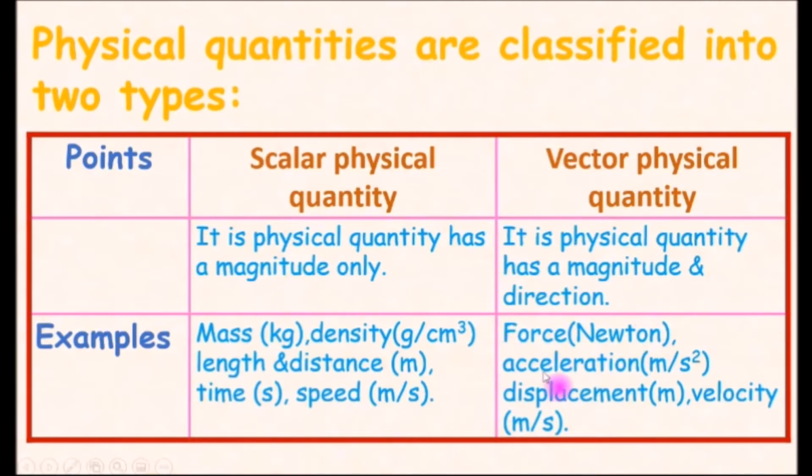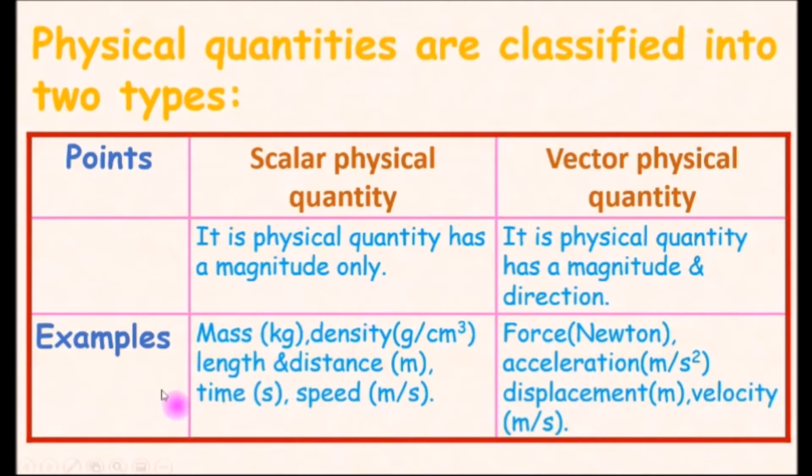When we talk about vector physical quantities, examples are force with Newton, force or weight, both are Newton; acceleration, meter per second square or kilometer per hour square, it depends on the distance and time; displacement with meter.